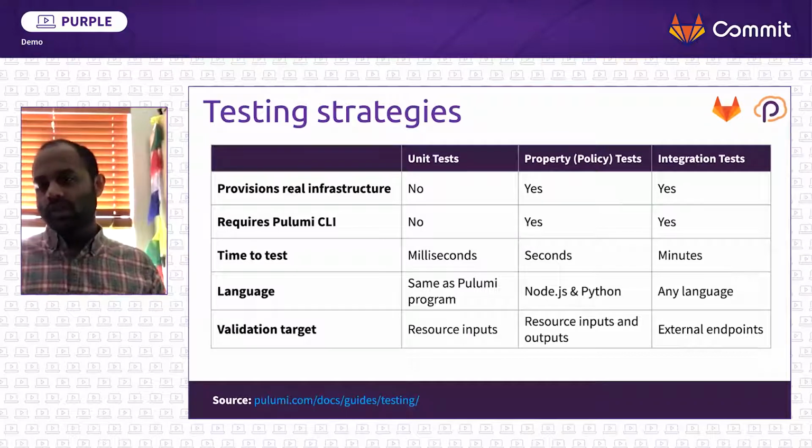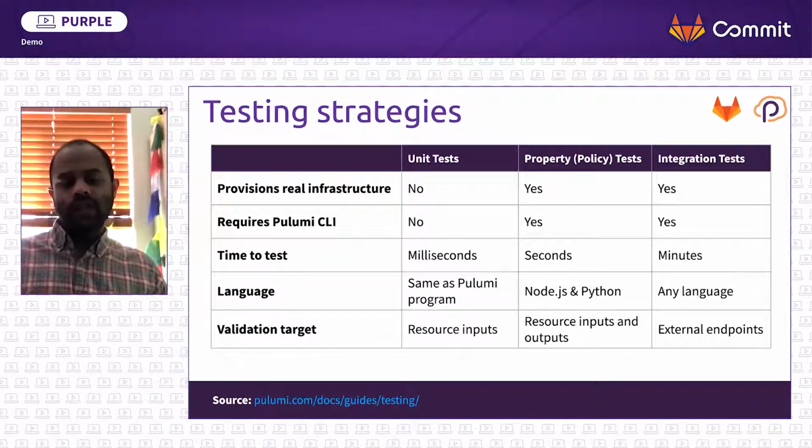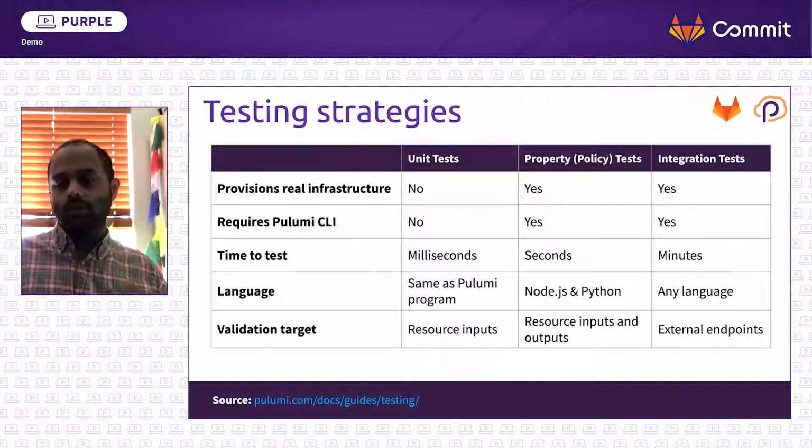Or you can also write integration tests, which allow you to set up and tear down your infrastructure to validate that your entire infrastructure works as you're making changes. Of course, to learn more about these testing strategies and to see examples, please head over to our website, pulumi.com, and check out the testing guide to learn more.